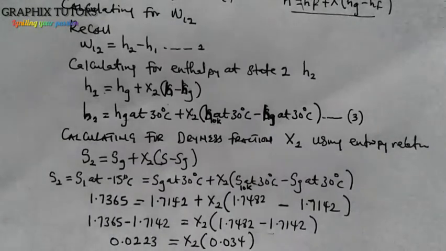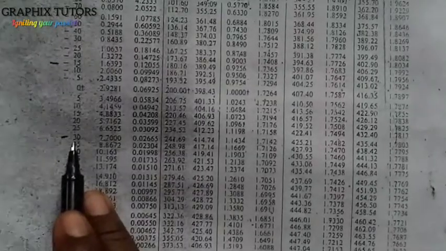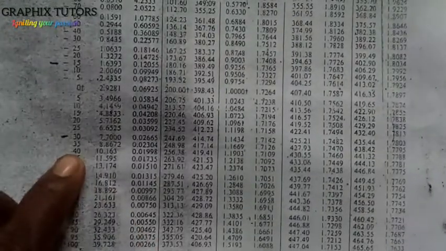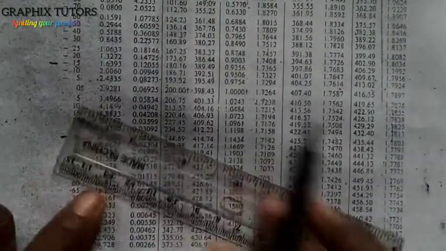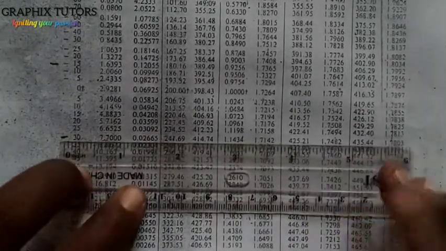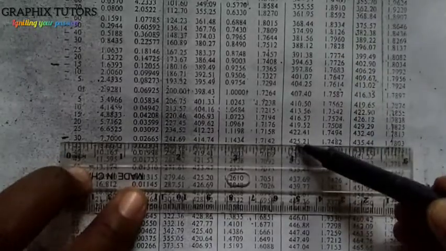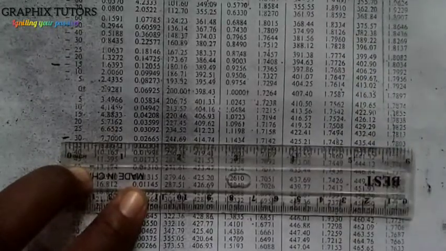So I'll come here, you look for H10K at 30. So H10K at 30 will be, you just place it here, right? So if you look for this 10K, H in front here, that'll give me 425.21.